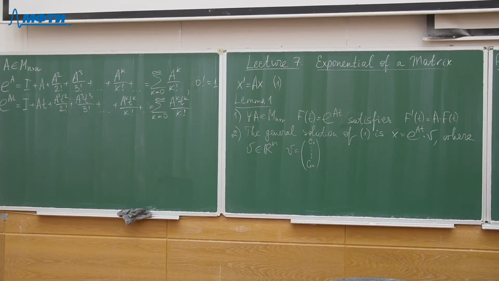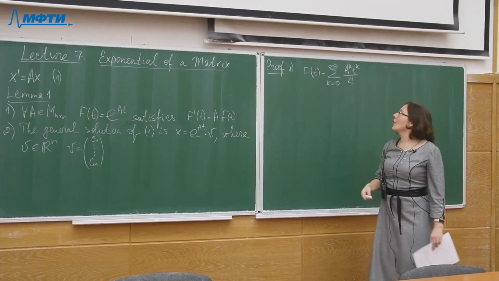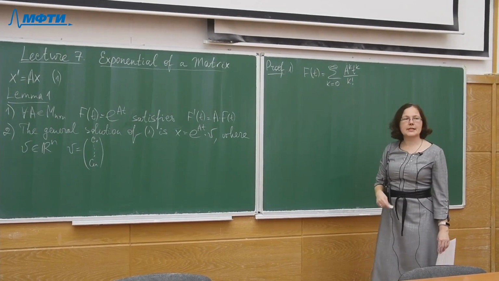Okay, let's consider f of t. I will rewrite it. This is the sum where k runs from 0 to infinity, A to the k, t to the k over k factorial. Okay, and let's differentiate each term of this sum with respect to t.